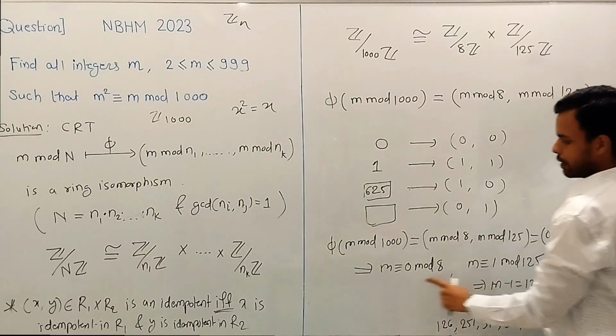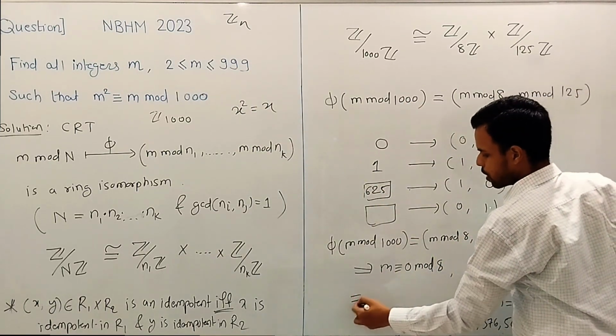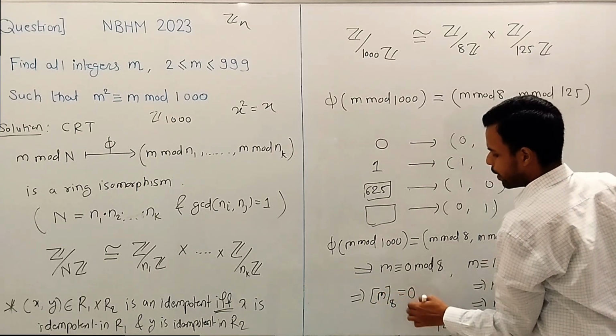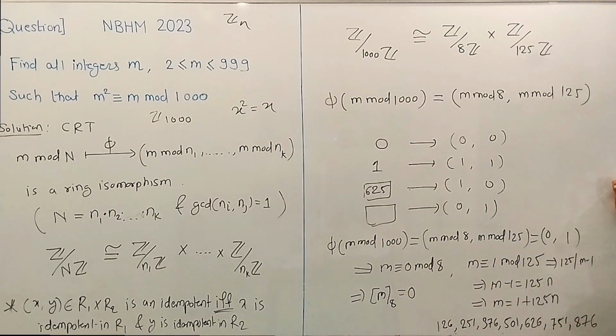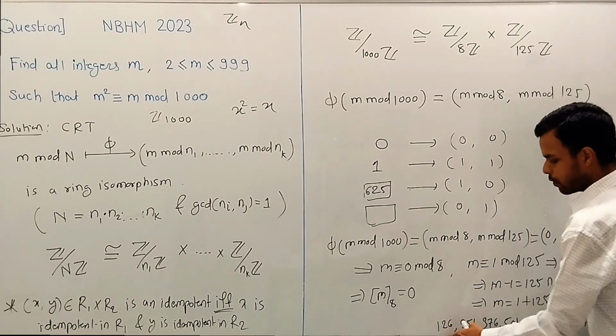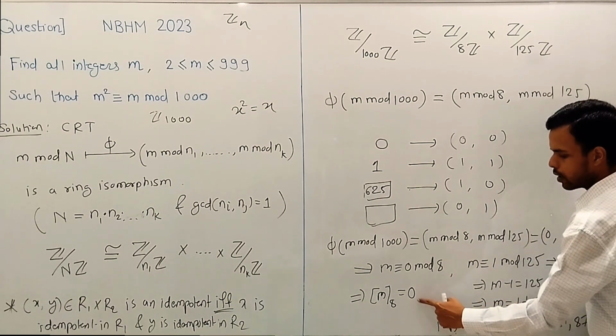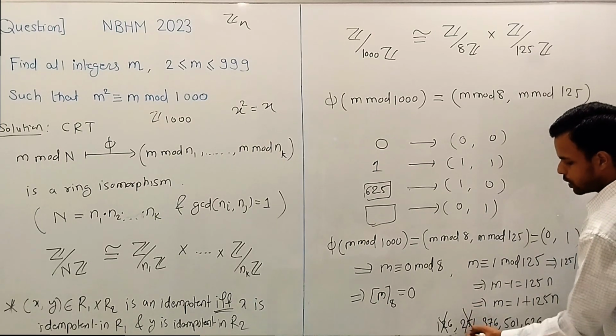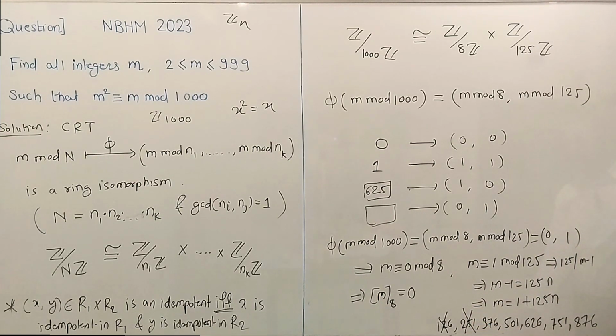But m also satisfies this condition, that when you consider modulo 8 of m, you get the remainder 0. So you can clearly verify that 126 modulo 8 is not equal to 0. So this is discarded. This is also discarded, and this is also discarded. For example, consider 626 modulo 8.